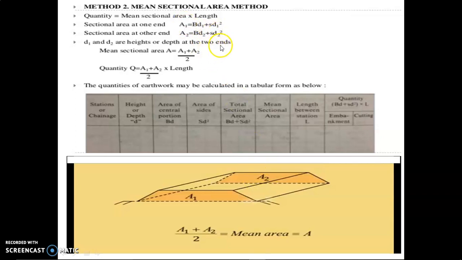So for getting the mean sectional area, A is equal to (A1 plus A2) upon 2. After that we have to multiply with length, we get the quantity. So this is the table we have to prepare when we use the mean sectional area method.